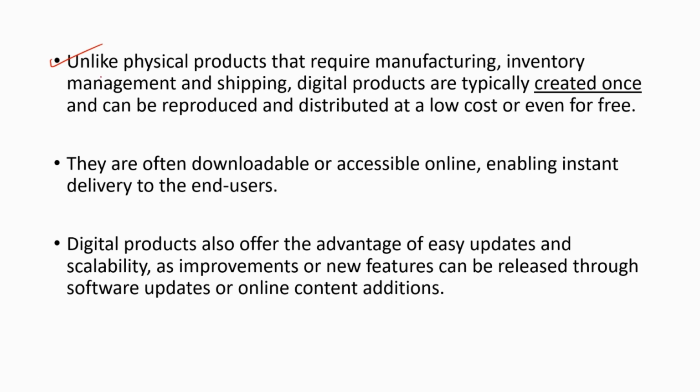But for the PDF file, we can reproduce or replicate the same file simply by saving the file as a new file. So there will be no cost. This is a huge advantage when it comes to digital products. The reproduction cost of a unit of a digital product is negligible.